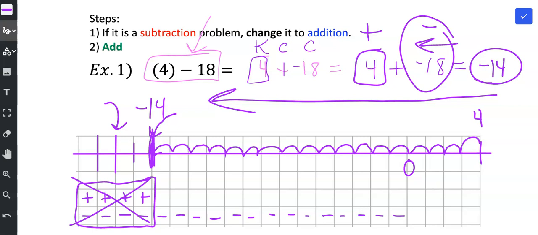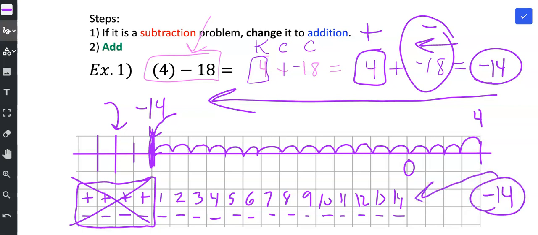Then I count how many negatives I have left over. 1, 2, 3, 4, 5, 6, 7, 8, 9, 10, 11, 12, 13, 14 negatives. So my answer is -14.